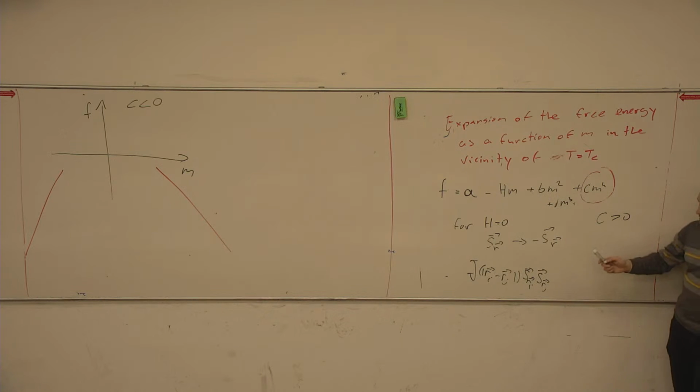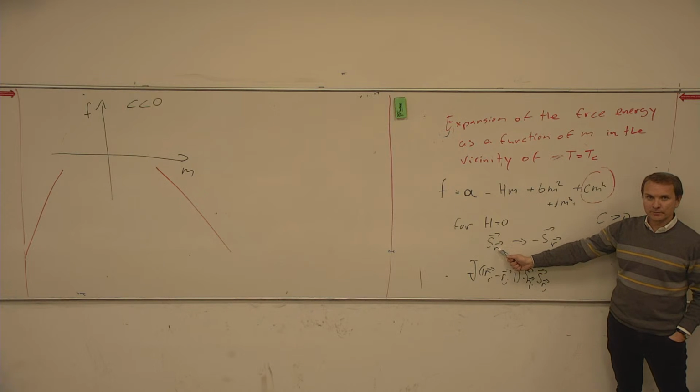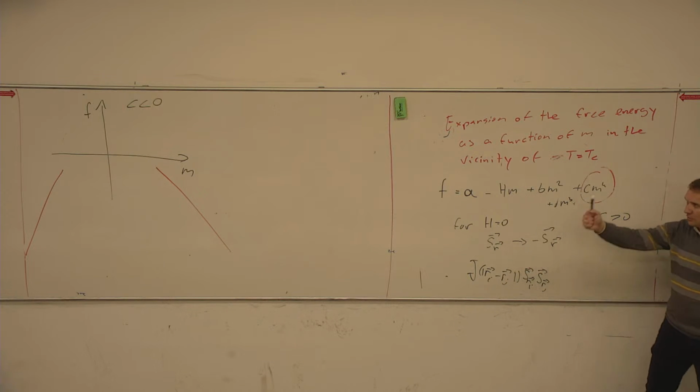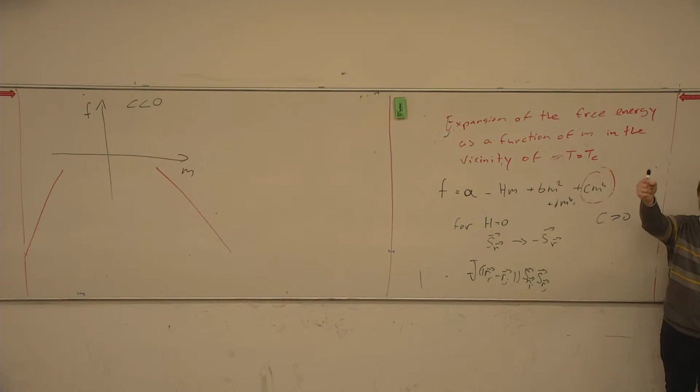So the argument is when h goes to 0, if I take all the spins and I flip their direction, so any spin that was pointing up is now pointing down, and any spin that was pointing down is now pointing up. Okay?